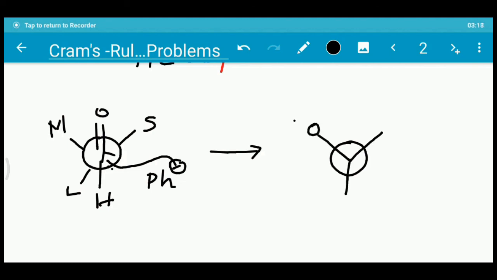So we have a product here, and we have our methyl and hydrogen and the larger group over here.